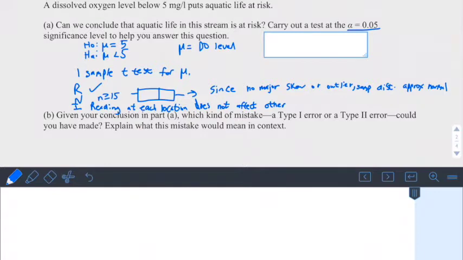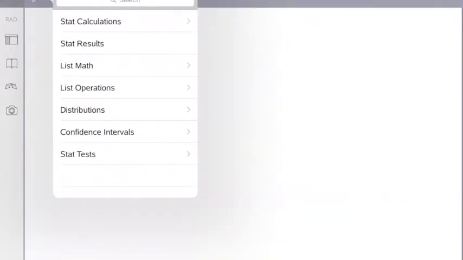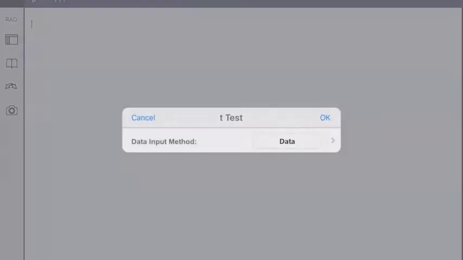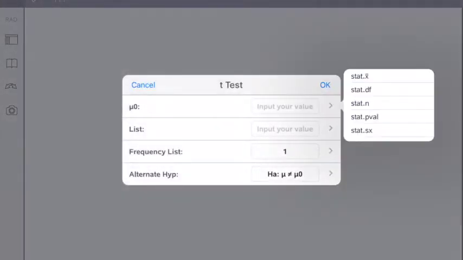Now I know I didn't give much space, but we're going to finish that test. Now we have data, so we can use our data.